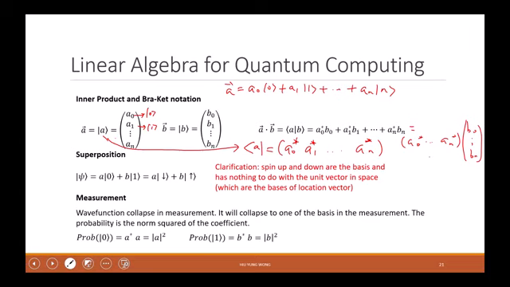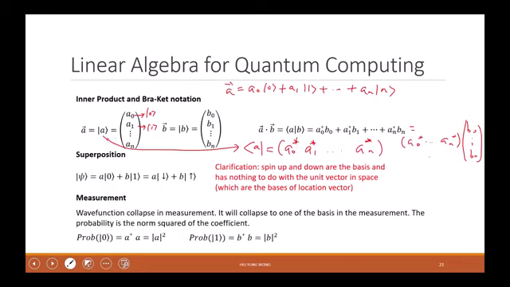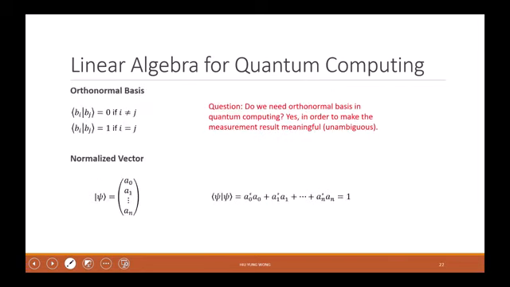Any questions? Yep, easy. And I just say that it needs to be an orthonormal basis when you want to do this type of inner product in this way. Orthonormal means that if the two vectors are not the same, they need to be normal to each other, just like the xy coordinates, right?